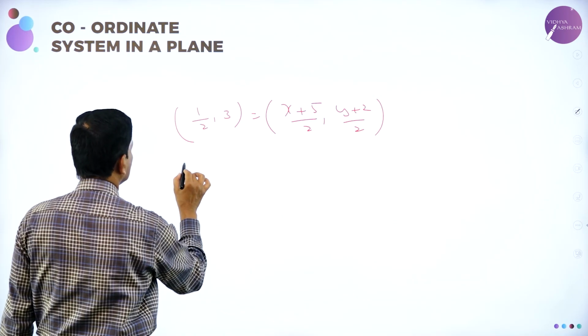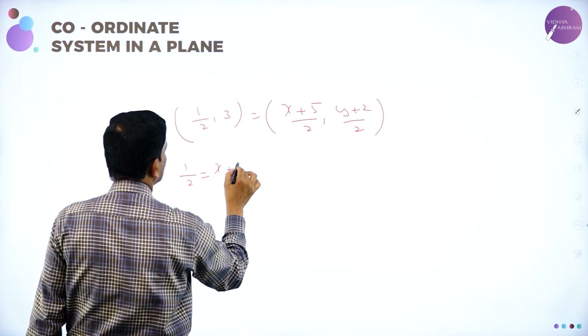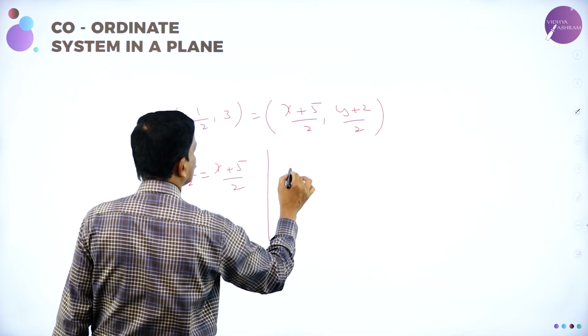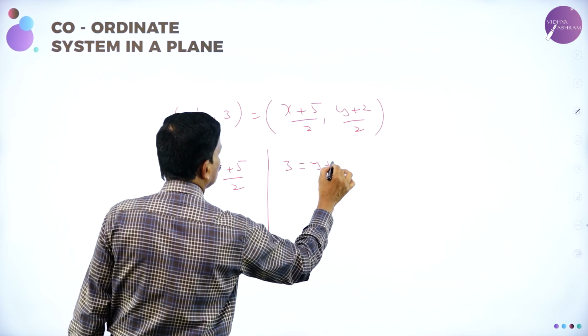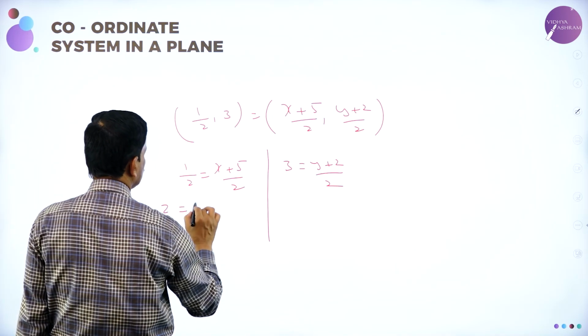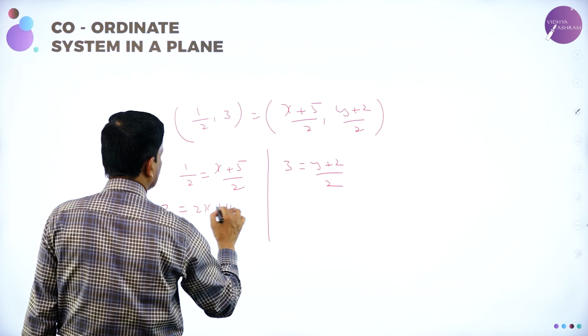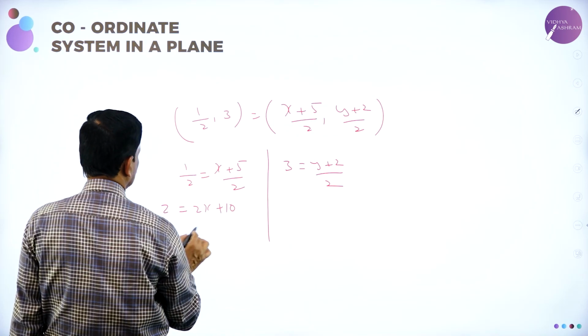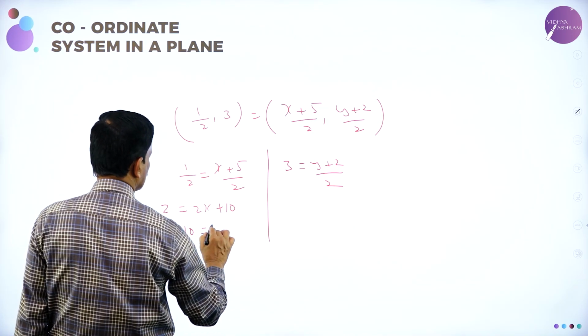Now equate it. 1 by 2 is equal to (x plus 5) by 2. On the other hand, 3 is equal to (y plus 2) by 2.